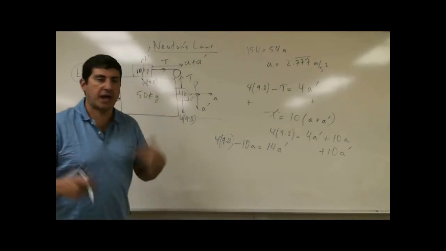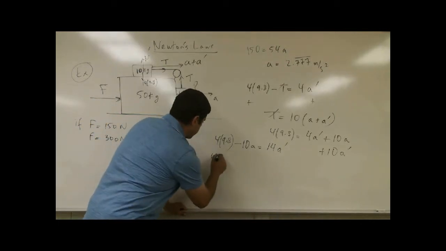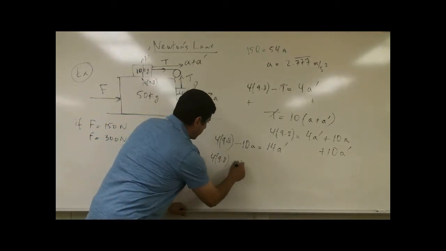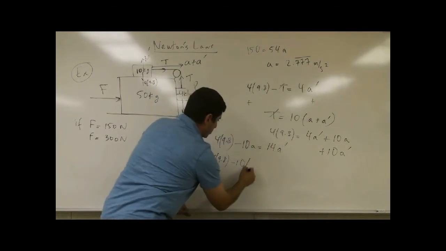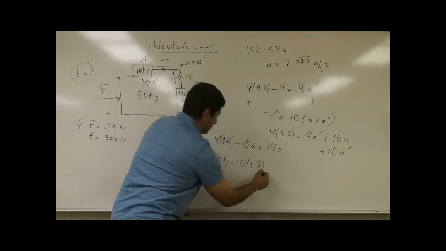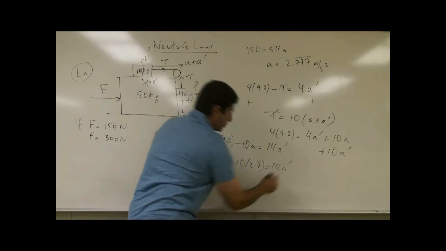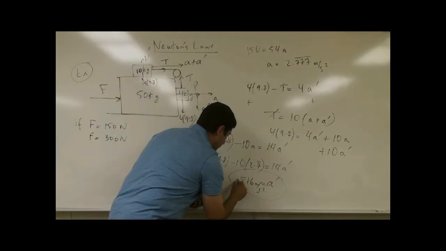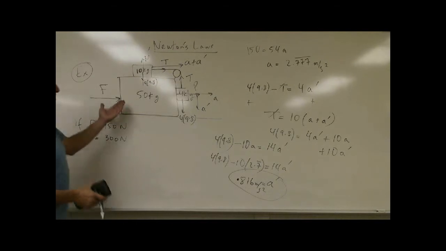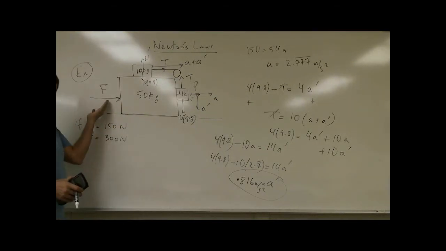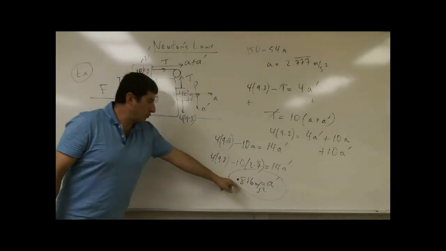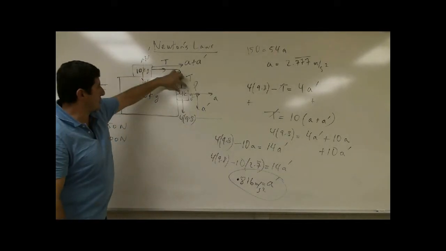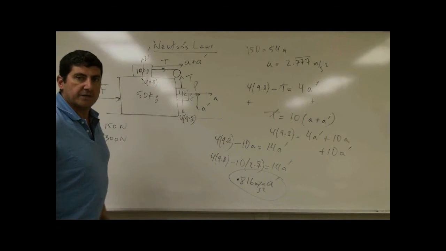What are we solving for? The A prime. So 4 times 9.8 minus 10, the acceleration, 2.777, equals 14A prime. So let's solve for A prime. Okay? So what ends up happening, since you don't apply the same force, it will accelerate forward 0.816 meters per second squared. This will accelerate downward, right?